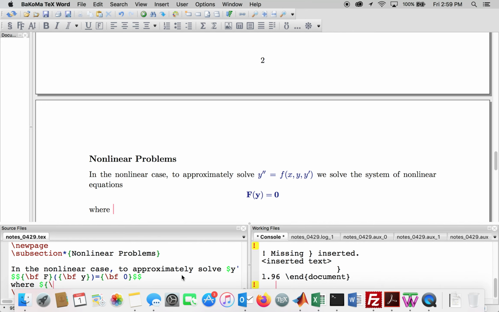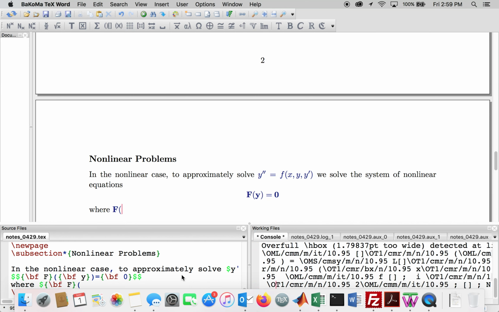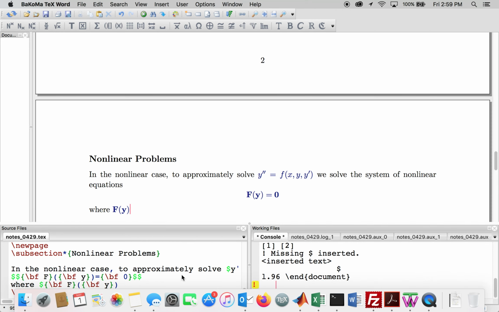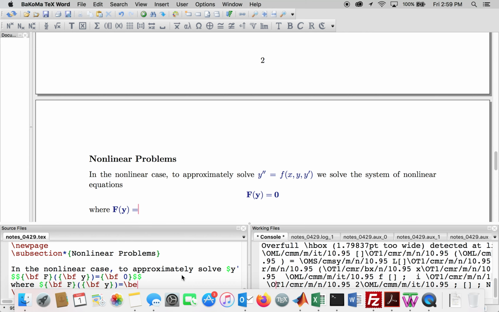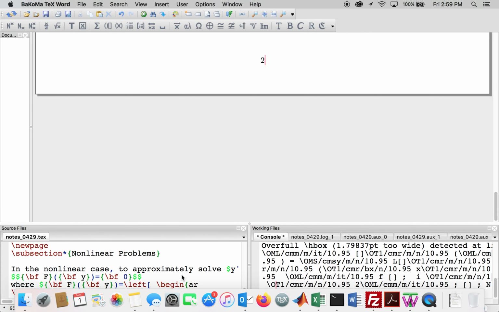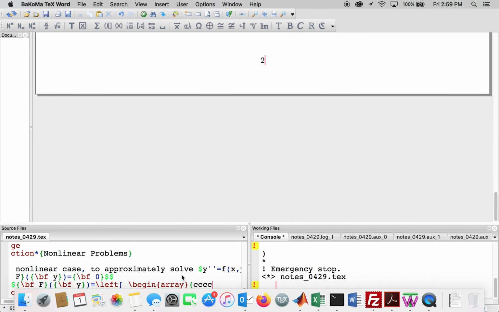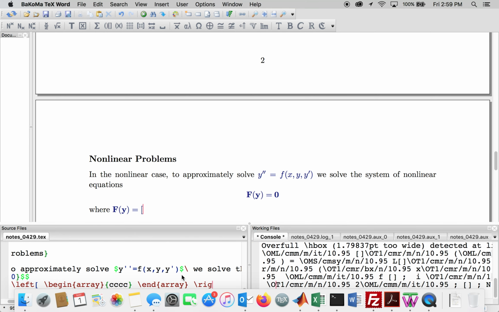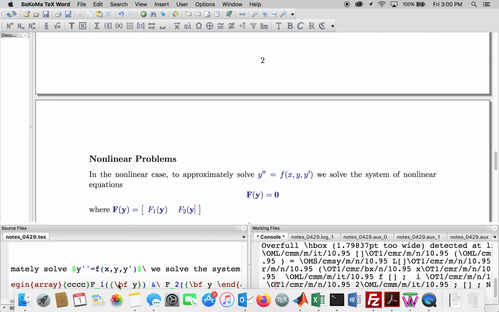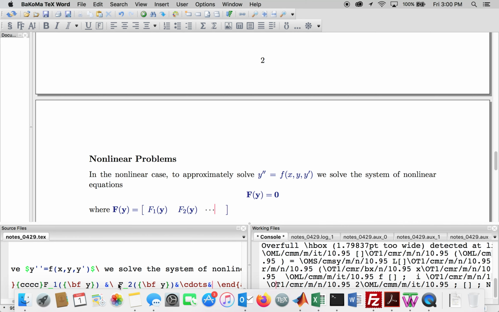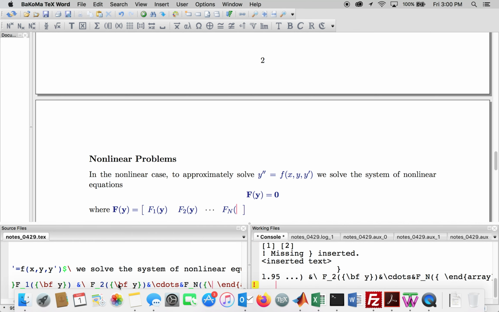where F has component functions. So the component functions of F are f1 of y, f2 of y, and so forth, all the way to fn of y.